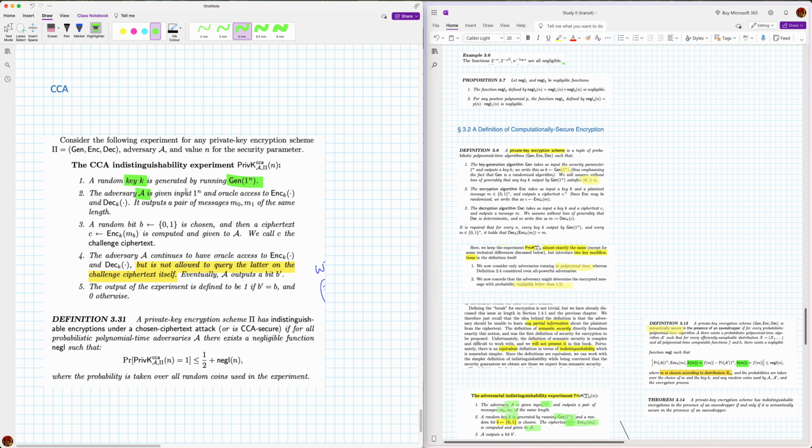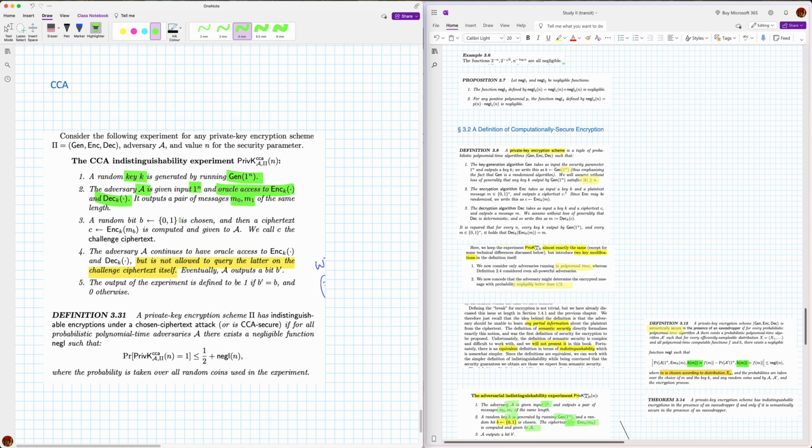The adversary A is given 1 to the n, the security parameter, as input, is given oracle access to the encrypt and decrypt functionalities, and is supposed to output messages M0, M1 of equal length, because the ciphertext could otherwise be correlated to the length of the message and then it's trivial to distinguish. The adversary gets access to the security parameter, oracle access to encrypt, and the decryption oracle. That is the key part.